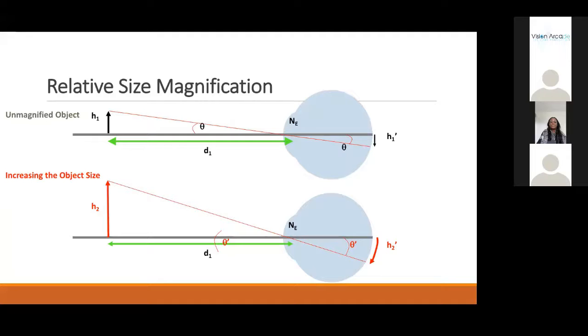However, these can be limited by practicalities of physical limits, of course. There's a linear relationship between the object size and the retinal image size. As you can see, as the object size increases, the retinal image size also increases, as illustrated in the diagram.